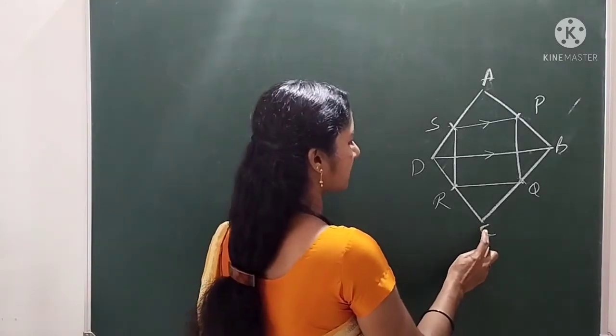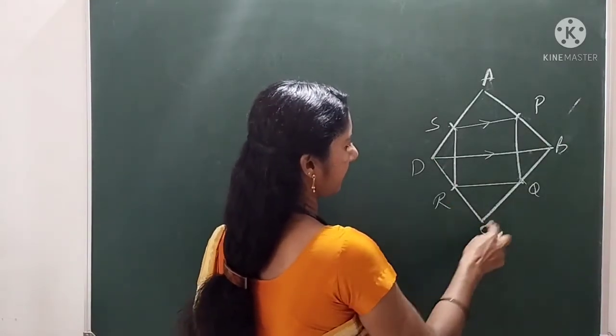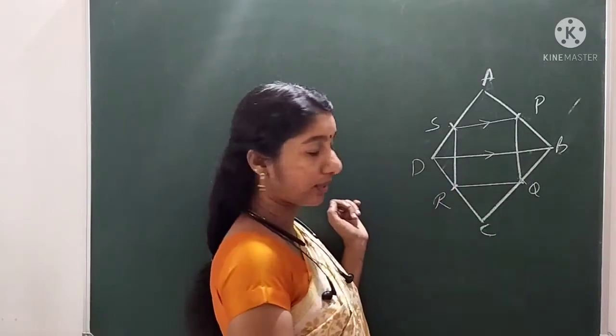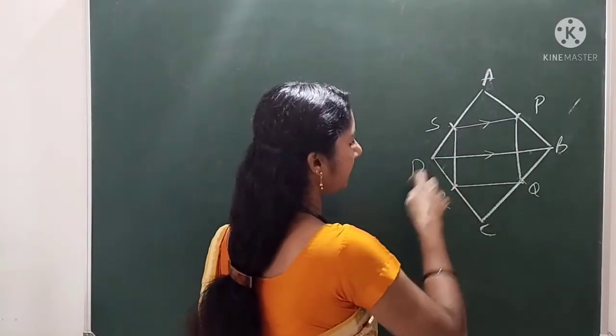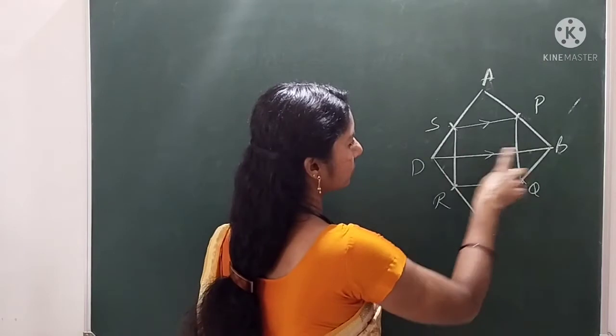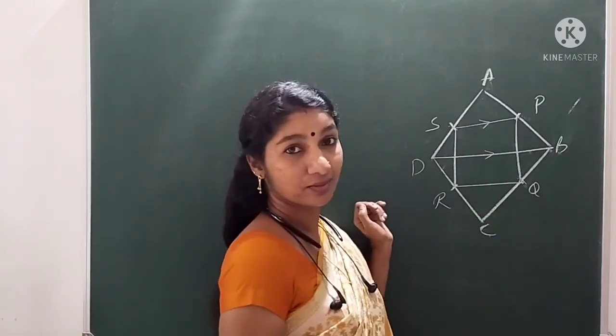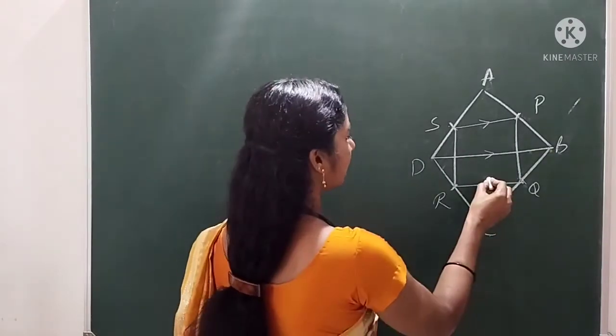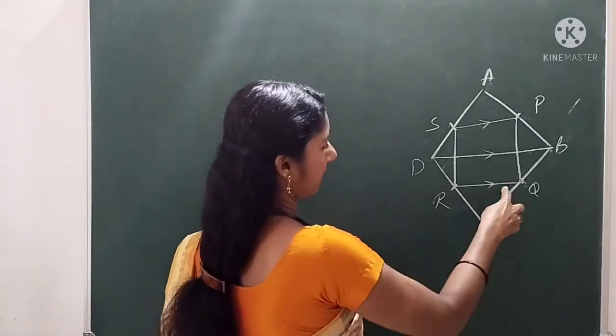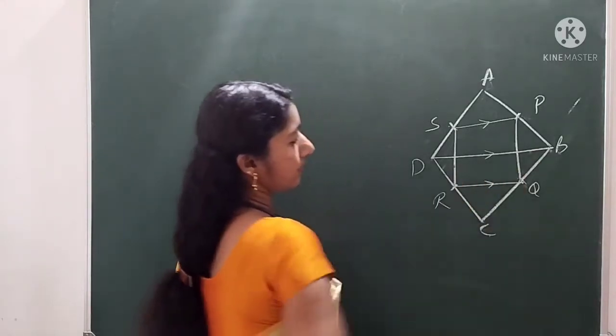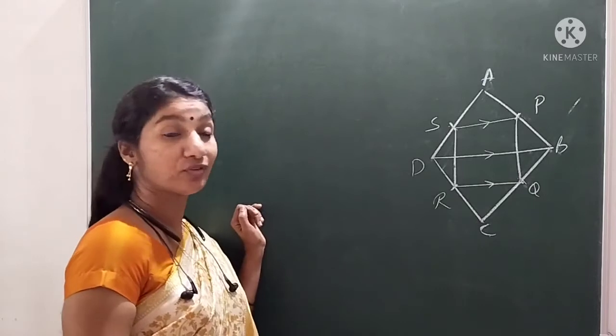And consider triangle CBD. In triangle CBD, RQ is parallel to BD by the midpoint theorem. RQ will be half of BD.